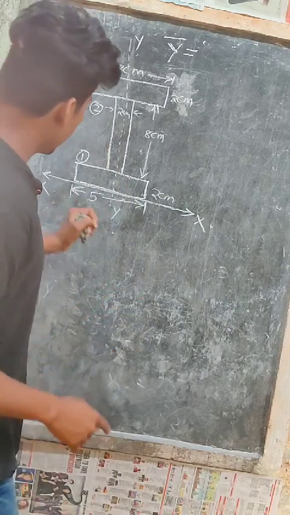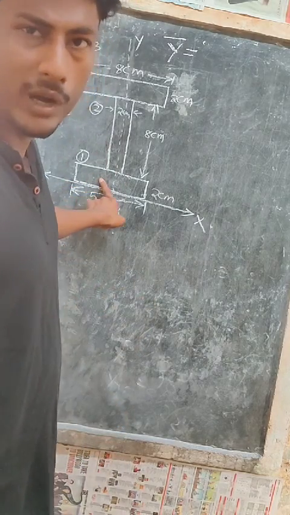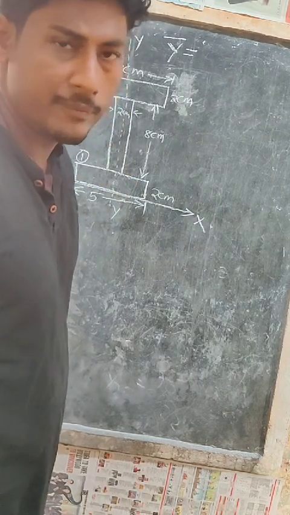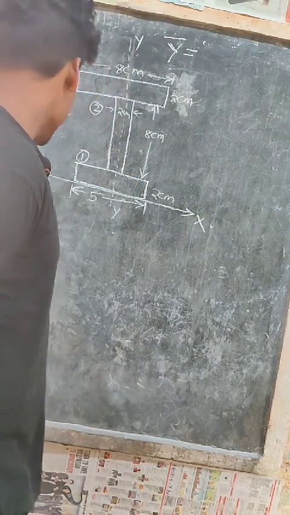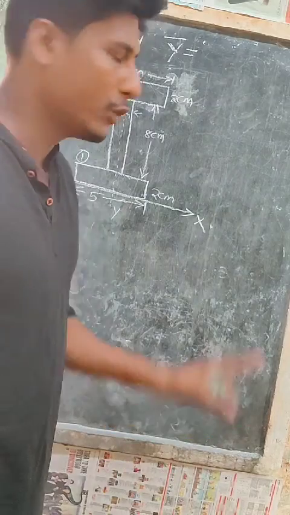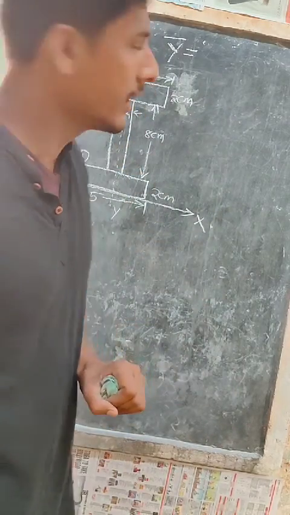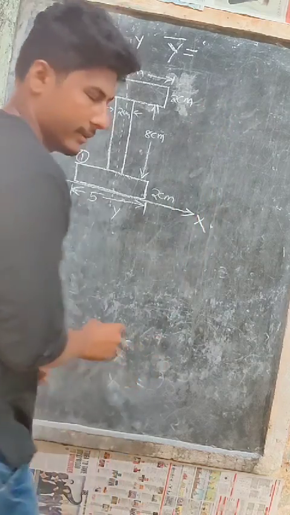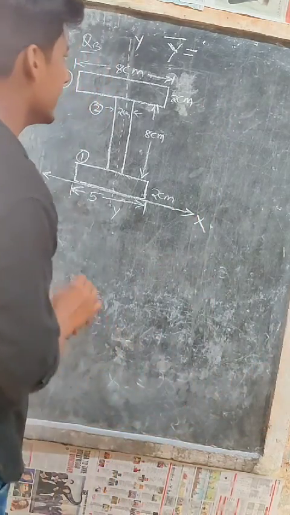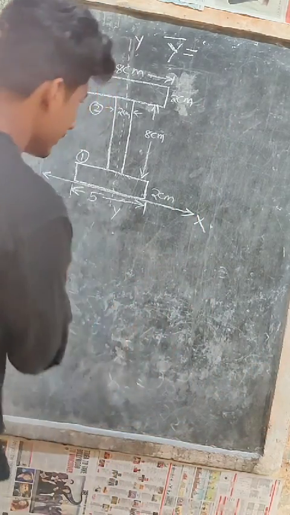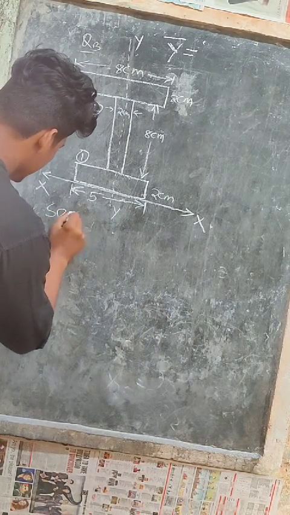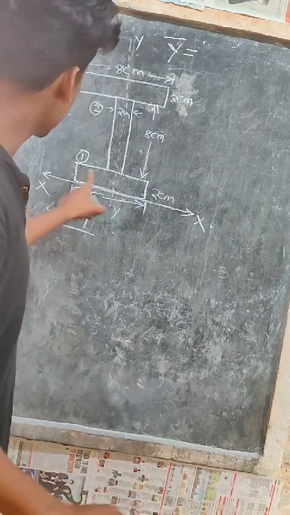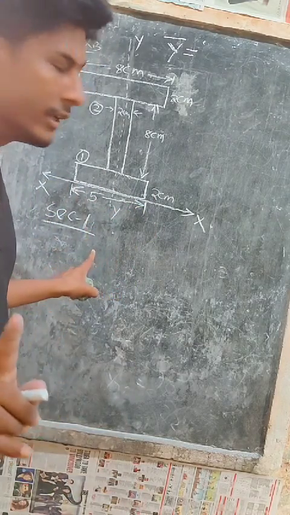So now find out in section 1 what is area 1, in section 2 what is area 2, in section 3 what is area 3, and correspondingly we can find out y1, y2, y3, etc. The first one is section 1, and I think section 1 is a rectangular section.